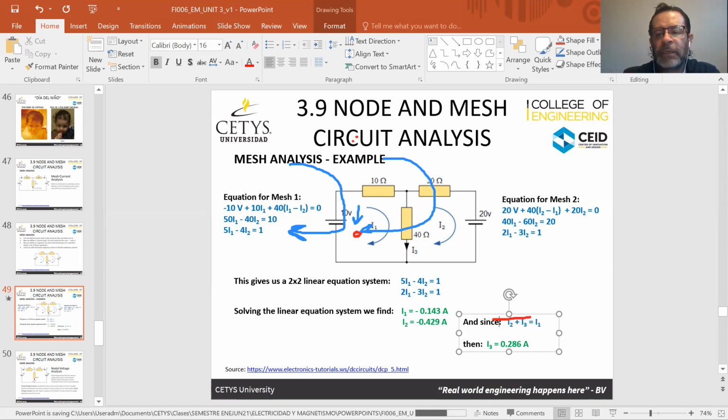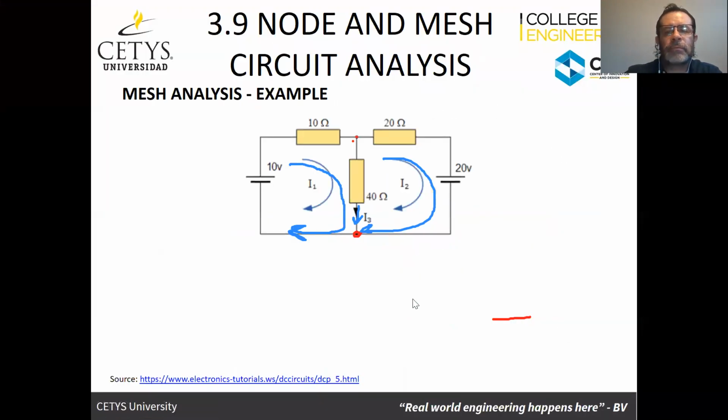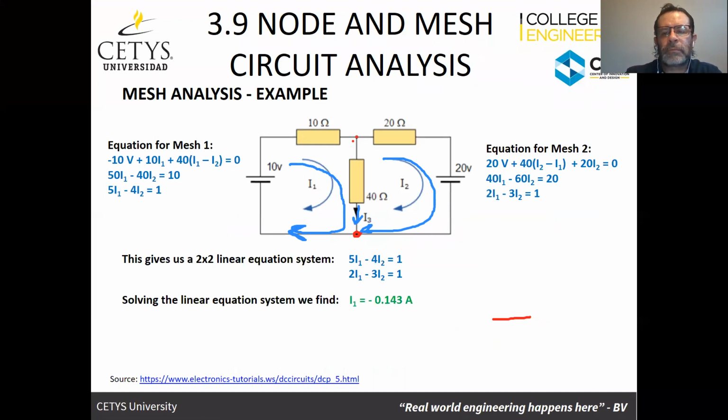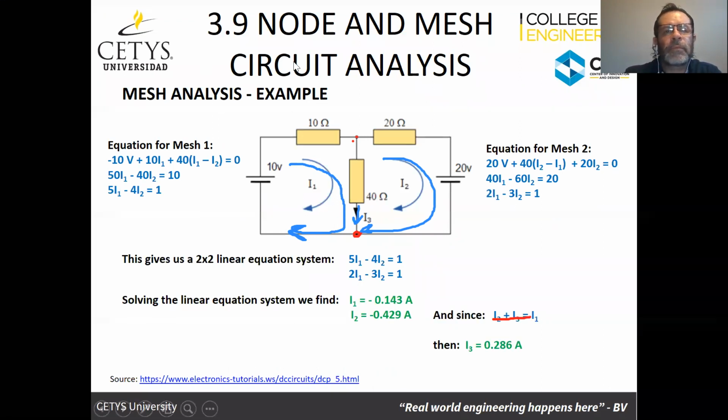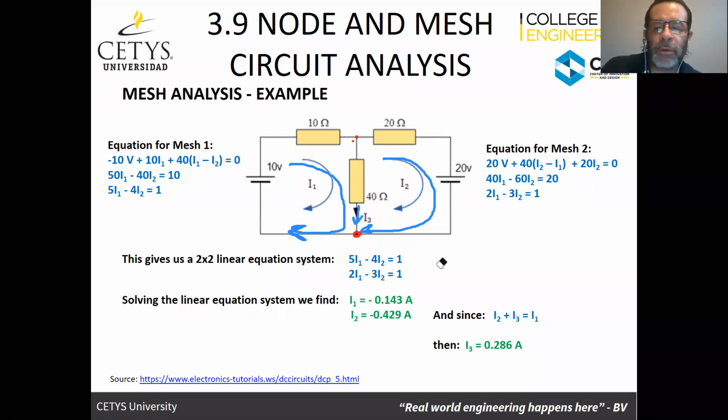Okay, correct that. So I2 and I3 are going in and I1 is going out. And from that, we get that I3 is 0.286 amps, following the convention.